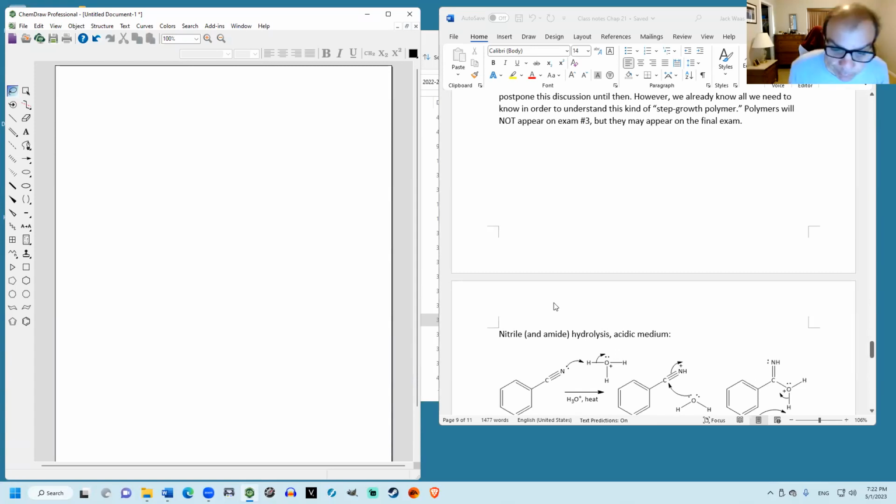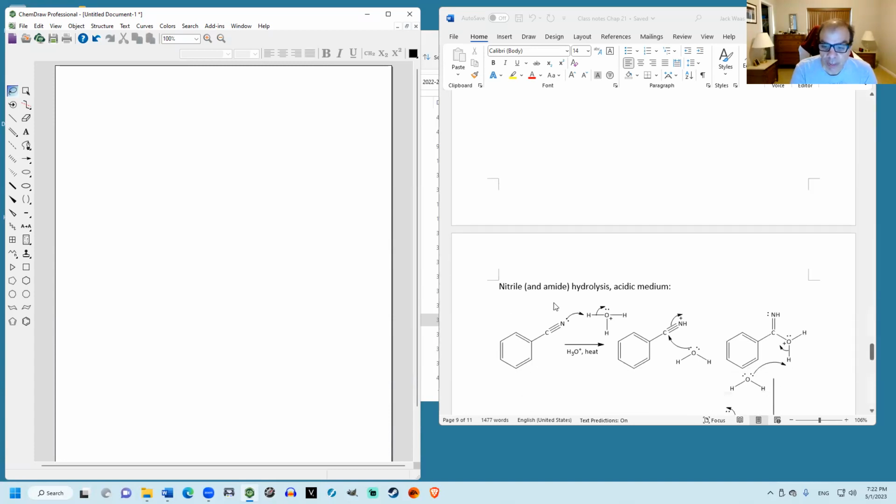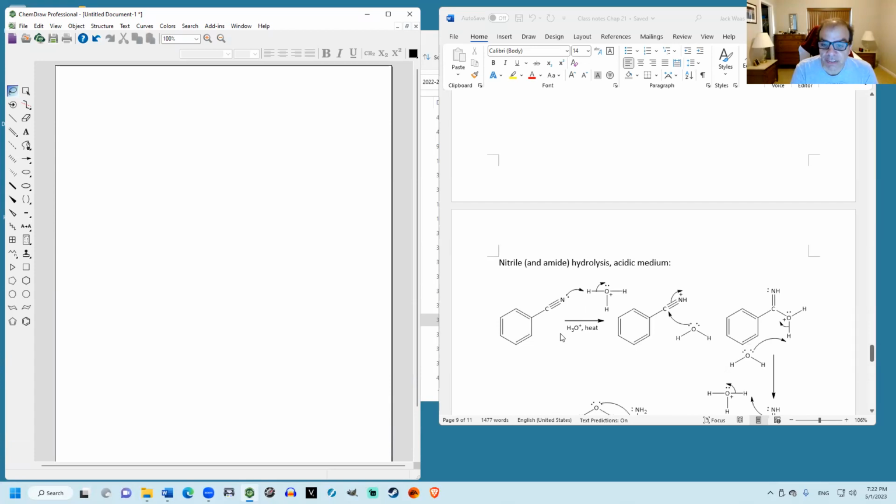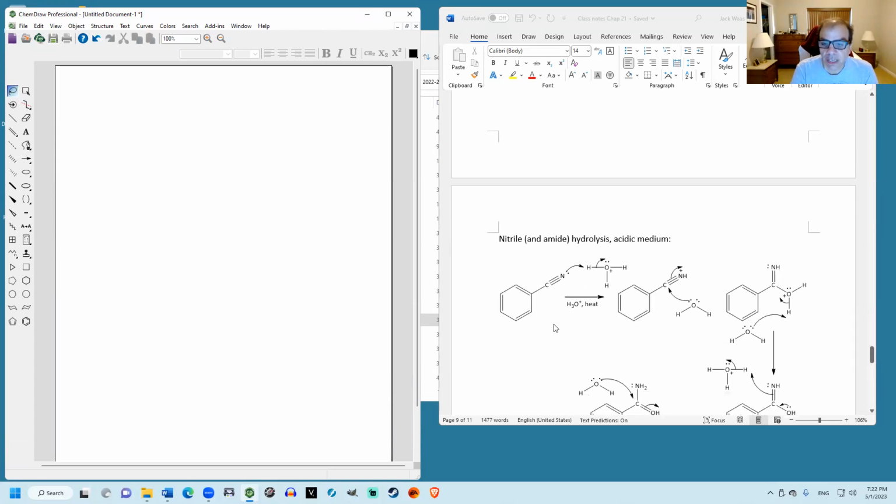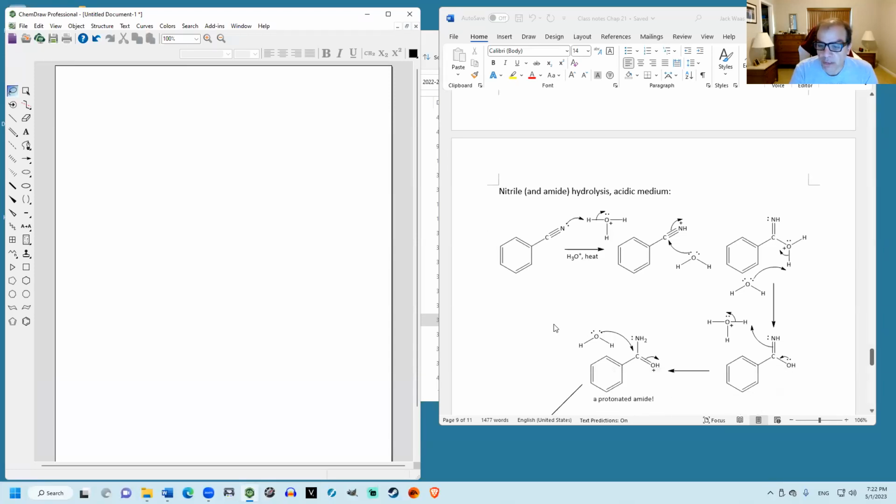And then, last but not least, the mechanism of nitrile and amide hydrolysis. This is worth looking at. Main thing to notice is if you learn the mechanism of nitrile hydrolysis, you get the mechanism of amide hydrolysis thrown in for free. So you might, for instance, be asked to hydrolyze an amide.